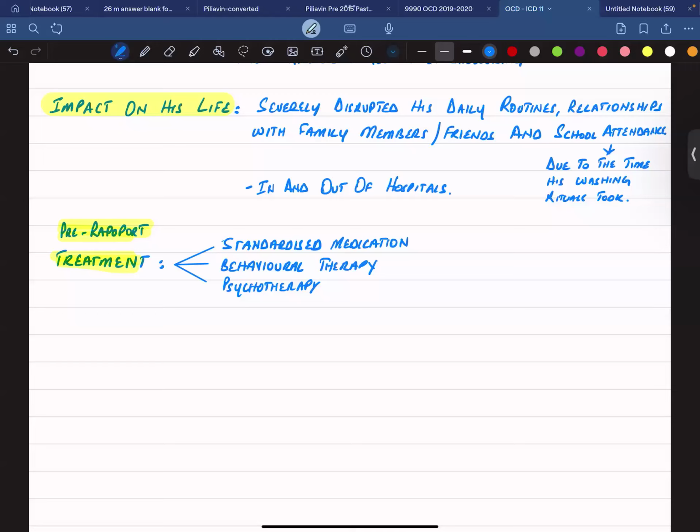He underwent a drug trial of clomipramine. Let's just mention that here. That would make it easier for us to keep track.